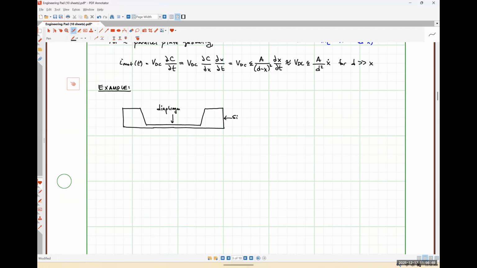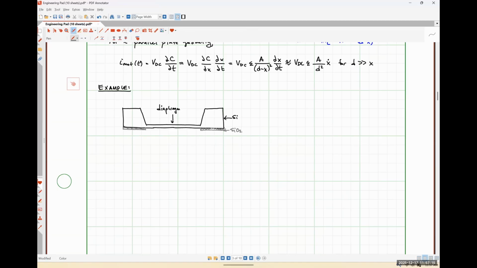So we're going to have an insulation layer right here. So this will be SiO2.